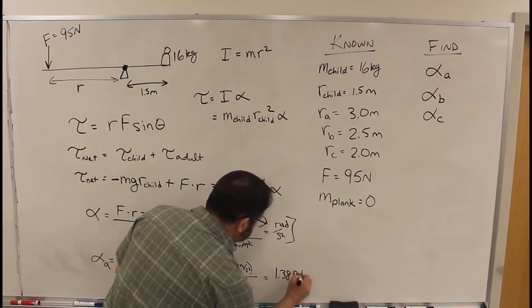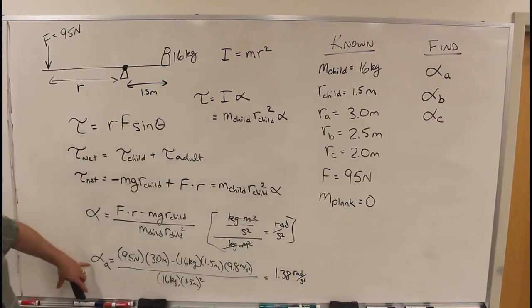That gives 1.38 radians per second squared. So that's alpha for A.